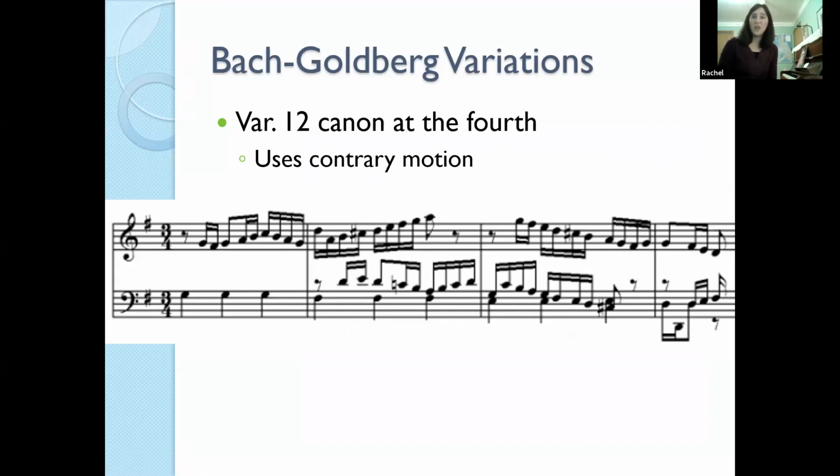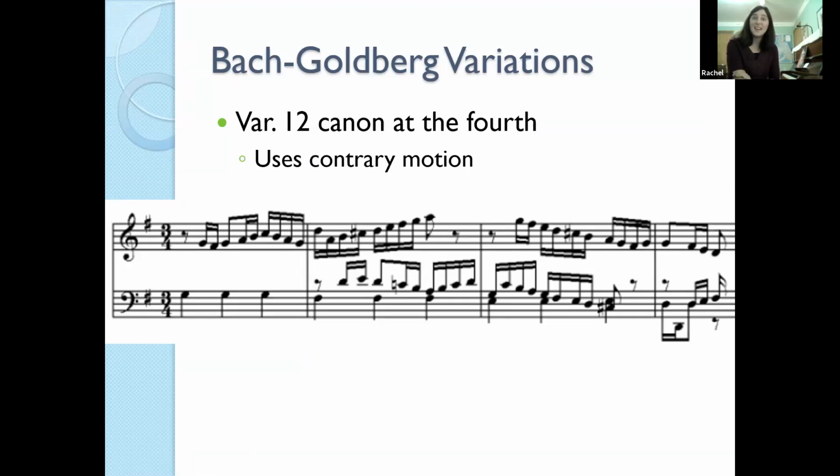And this one, if you can find the follower, where's the follower? Okay, we have this. It's pretty fun. So we have a rest, which gives it a tiny bit of syncopation effect.